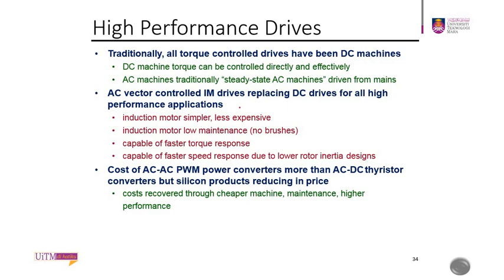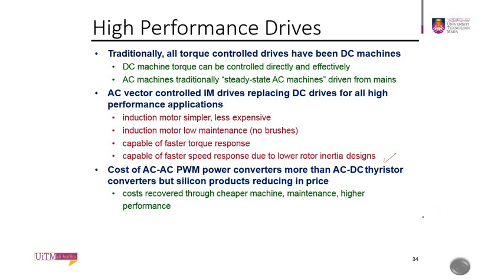This is because induction motors are simpler, less expensive and easier to manufacture, have low maintenance, and are capable of fast torque response and faster speed response due to low rotor inertia design.